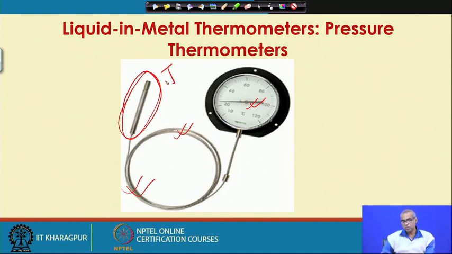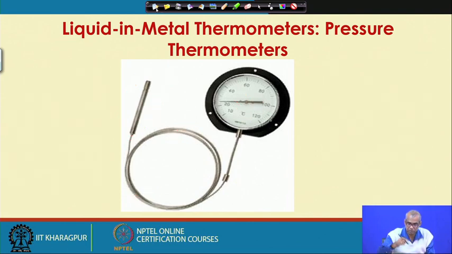So, the tip deflection is used to move this pointer against the scale, and the scale can be directly calibrated in terms of temperature units, from which you can get a direct reading of the temperature.